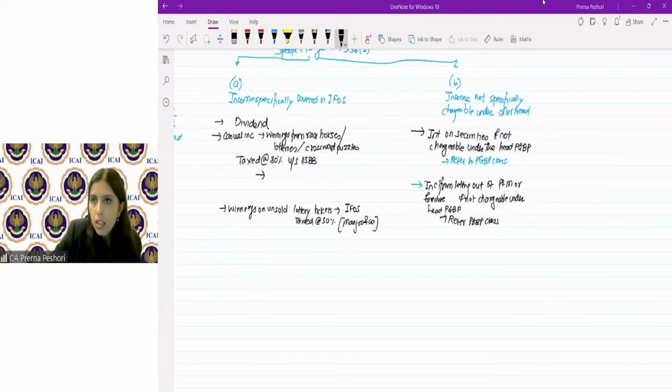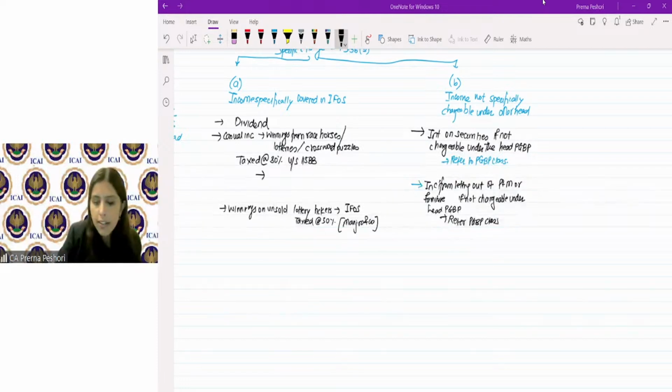Are we clear? So this is taxable under 115BB. The winning from the lottery, crossword puzzles, race horses, card games, or any game of gambling or betting. This is specifically taxed under 115BB. Okay. So there is also a TDS on that.